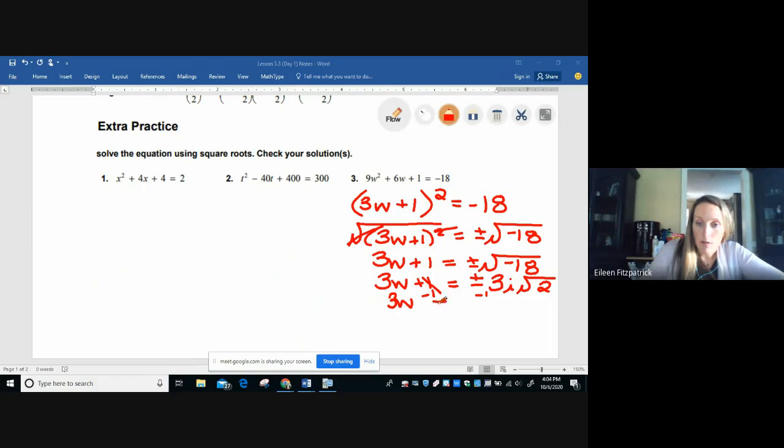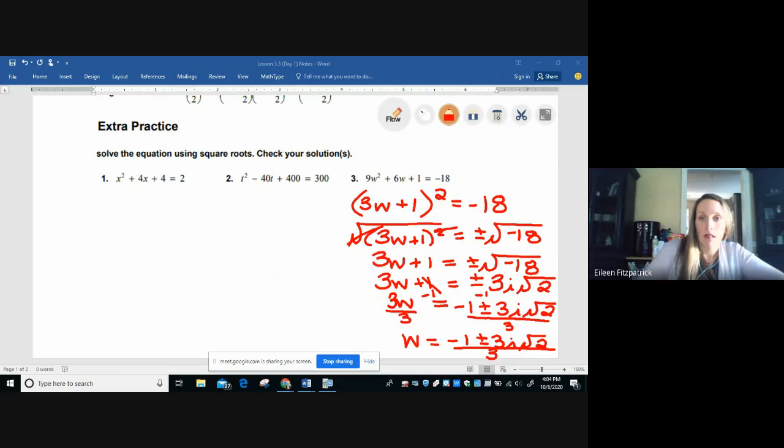This cancels, so I have 3w equals negative 1 plus minus 3i root 2. And finally, divide both sides by 3. So you're left with w is equal to negative 1 plus minus 3i root 2 all over 3. And that's your answer.